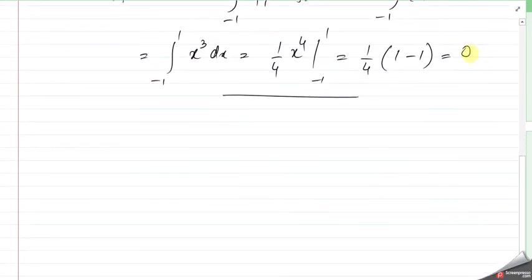Sometimes it's 0, sometimes it is not 0, and we have a special name for the situation when it is 0. It is called orthogonal functions.